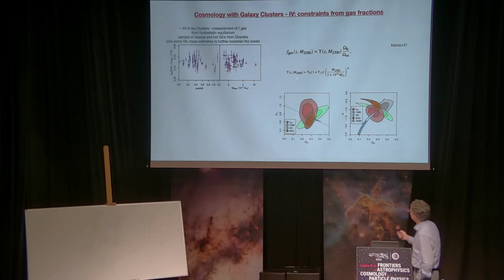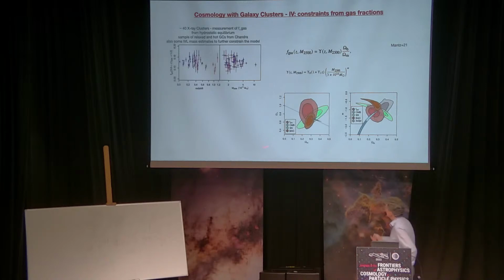This function is measured from simulations and can be parameterized like this with some freedom: gamma 0, gamma 1, and alpha. They now compare with the data, and out of this f_gas they get the mass, and the mass gets the mass function, right? You can do cosmology. You can see really how this observed quantity is related to cosmology.